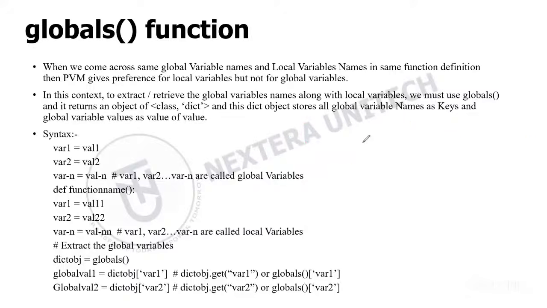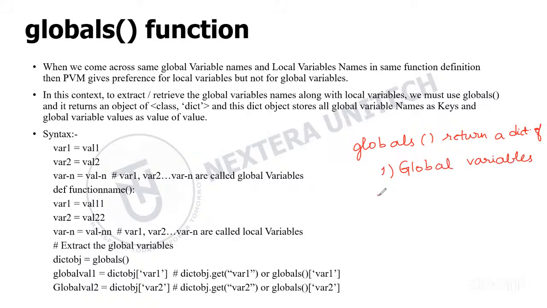So the globals function will return a dictionary of, firstly, the global variables and global functions. So it will return global variables and global functions and also imported modules.